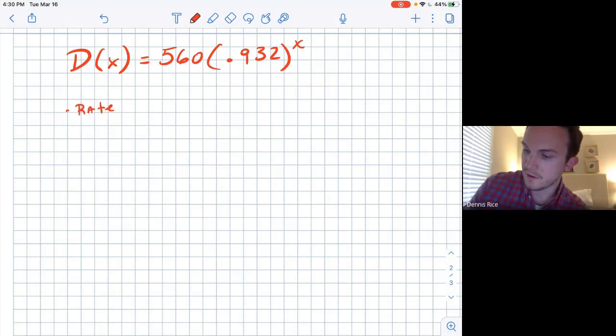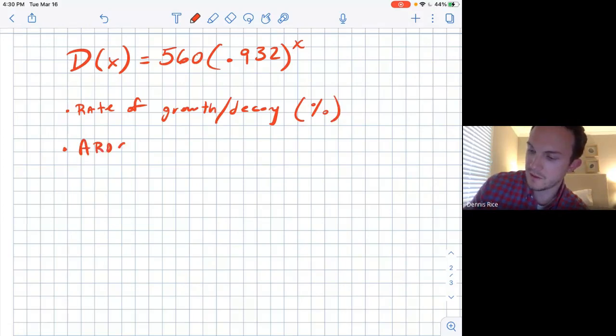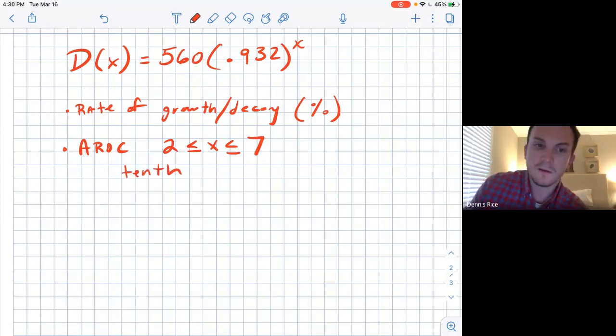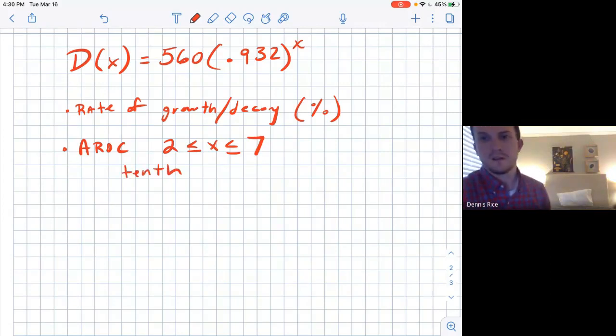Let's find the rate of growth or decay as a percent. And let's find the average rate of change in this interval. We'll say from 2 to 7, rounding to the nearest tenth. Okay, try those 2 questions.